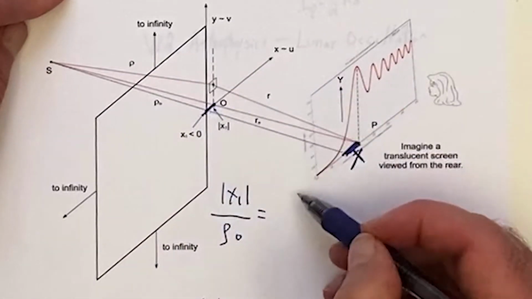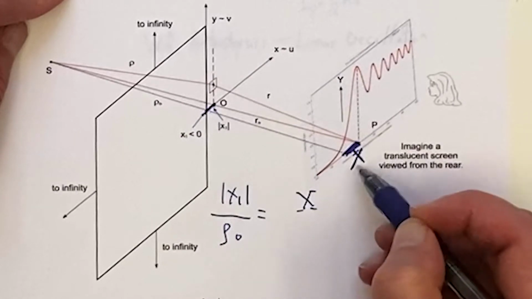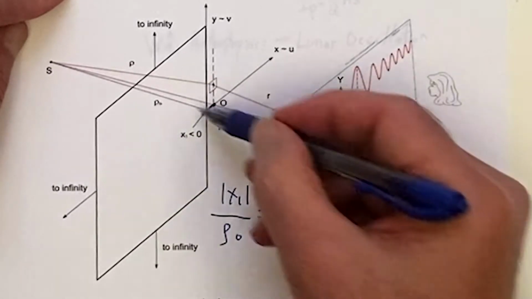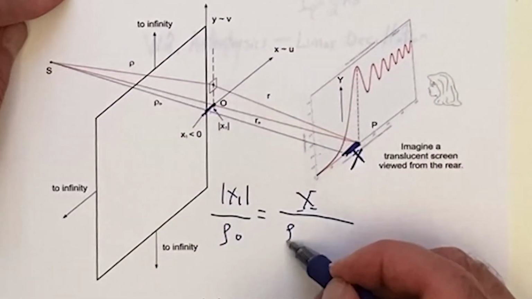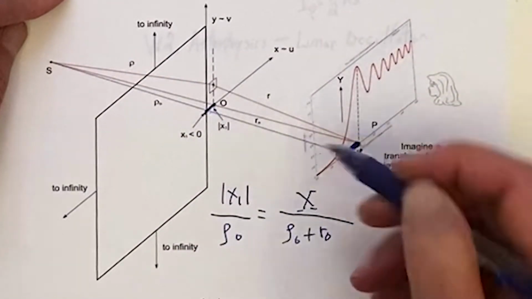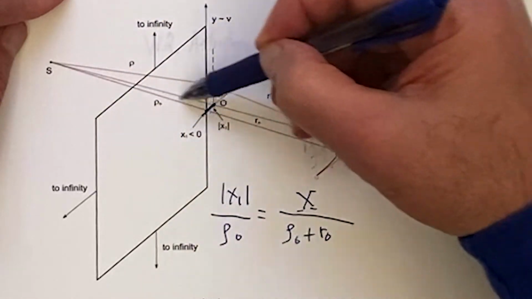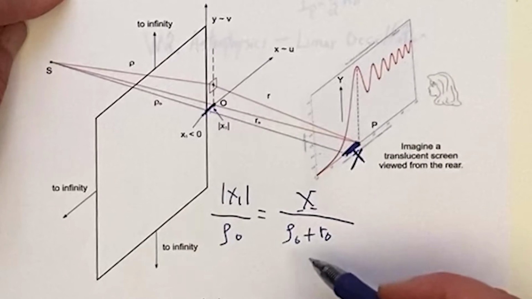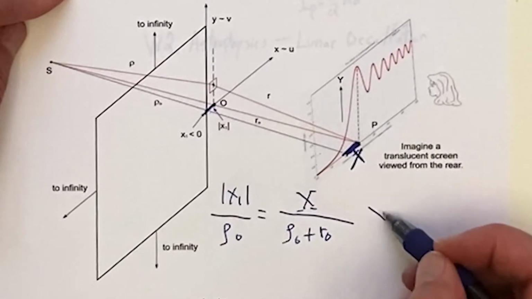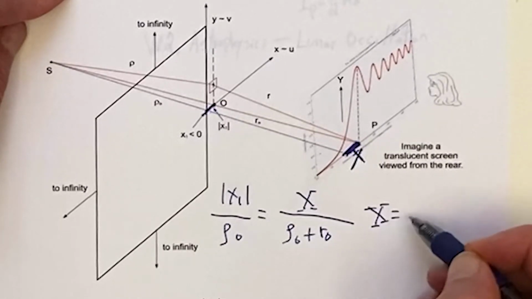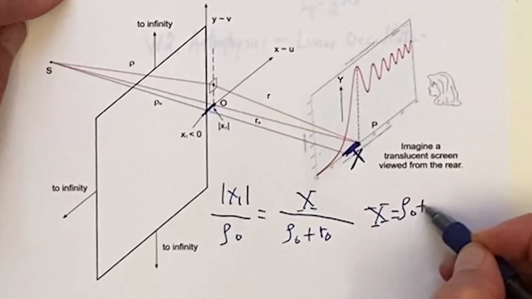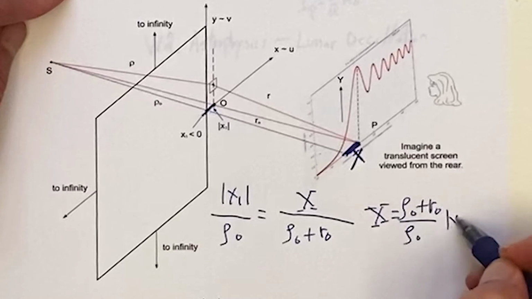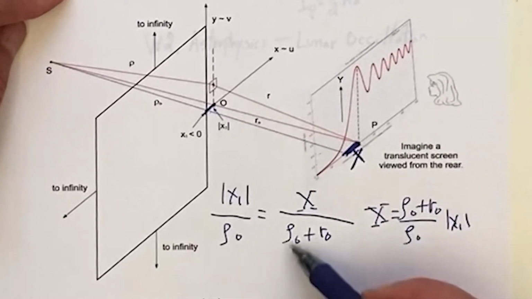That's going to be the big X, and this big X over here is positive, over the big length, rho naught plus r naught. So here is one triangle, and then here is the bigger triangle. So that'll give you the big X, which is what we're after. It'll be rho naught plus r naught over rho naught times the little x.